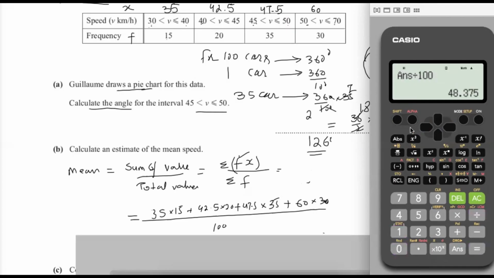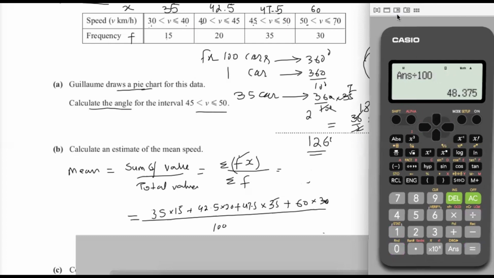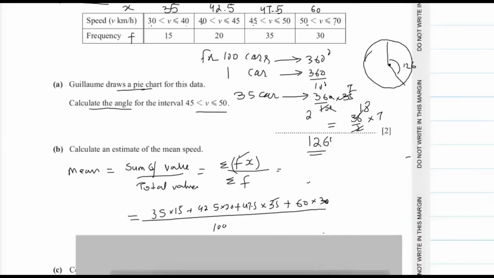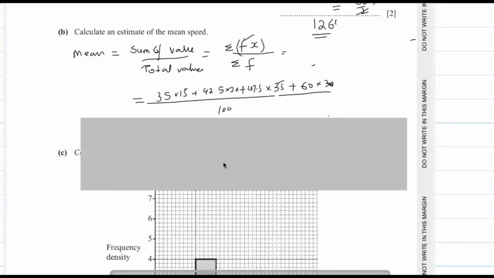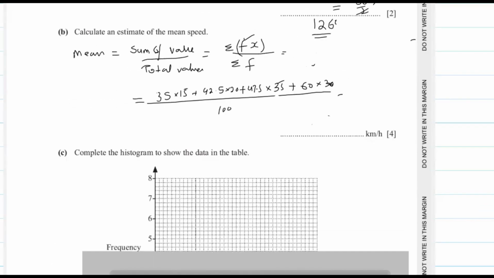This value will be equal to 48.375, and we write here the answer is 48.375, and in 3 significant figures, this answer will be 48.4 kilometers per hour.